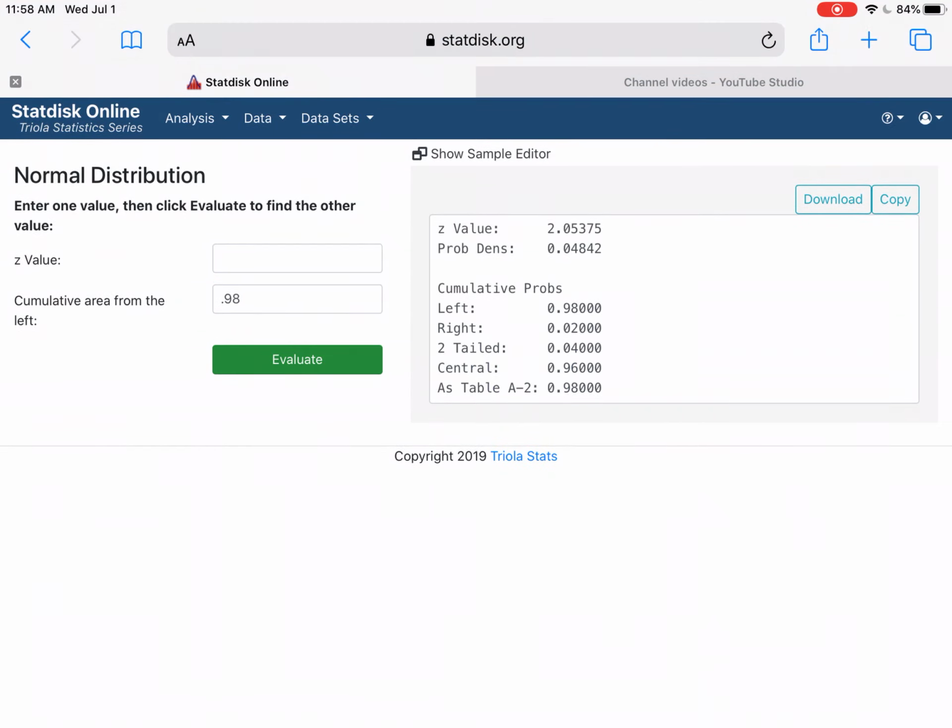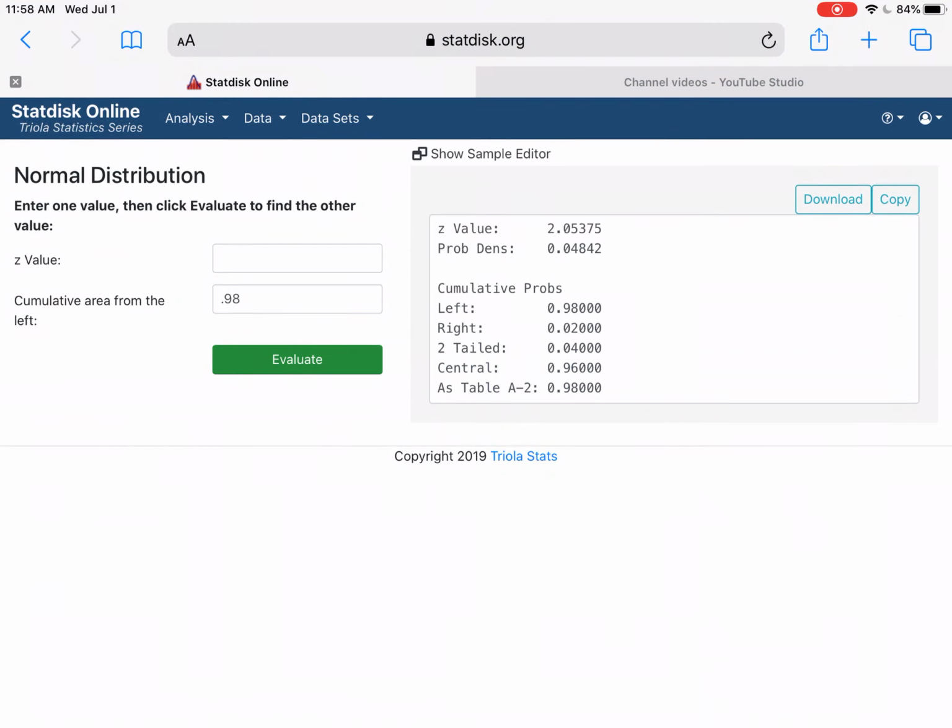Some of you may observe that the last value we had was negative, this value is positive, but the numbers themselves are the same. Why is that happening? Well, when we have a standard normal distribution, which is what a z-score has, there is symmetry about the mean, about that value of 0.